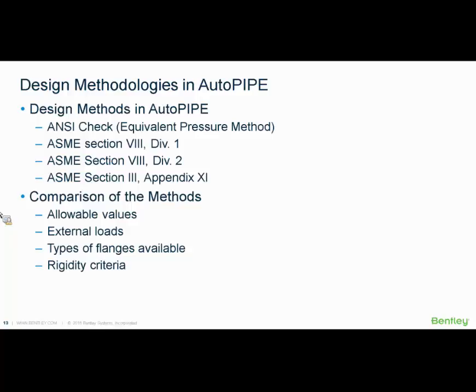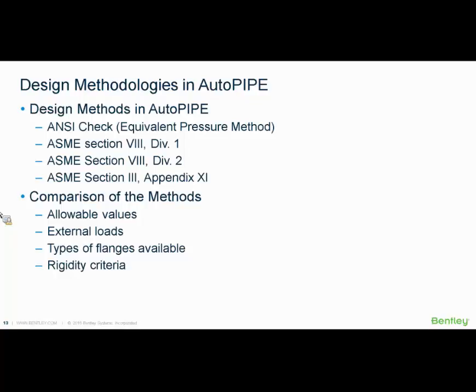So AutoPIPE internally checks these equivalent pressure values for all the external loads exerted on the flange, and the effective pressure. If the effective pressure is greater than the allowable pressure, then the flange is operating beyond its rated capacity, and so AutoPIPE would suggest selecting the next rating flange for that flange location in the report.